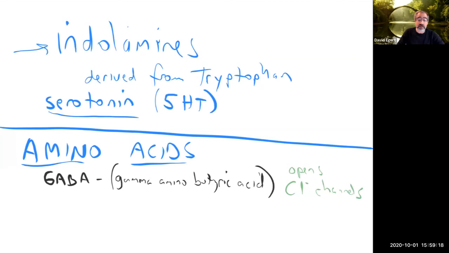Again, what is that going to do to the postsynaptic membrane if you're opening a chloride channel? Hyperpolarize? It's going to take the voltage down. So this is one of the most common inhibitory neurotransmitters in your central nervous system.